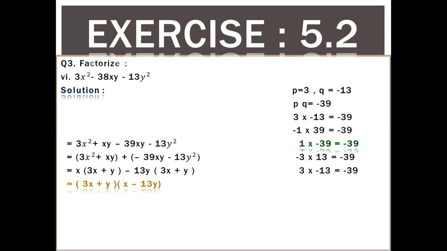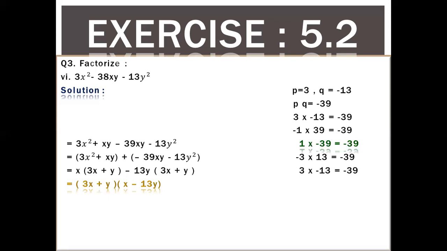Again, the first and the last terms are the same. There is no change in 3x square and minus 13y square. You see clearly I write both terms the same. Only I split the middle term, which is xy and minus 39xy. Again, make partners of the first two terms and the last two terms.